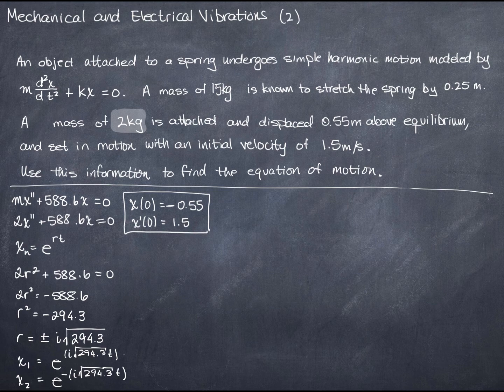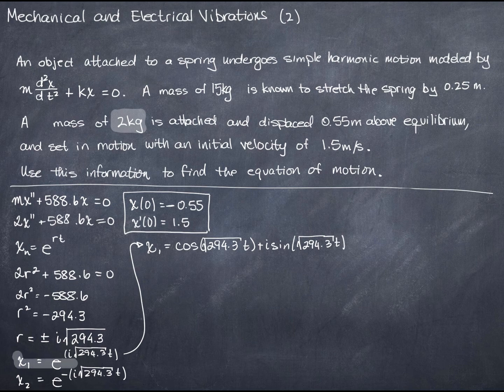Remember, though, that those can also be written as, I'll just do x sub 1 here, the cosine of the square root of 294.3 times t plus i times the sine of the square root of 294.3 times t. So this solution here, let me highlight them, this solution here to the homogeneous differential equation corresponds to, is equivalent to, this solution. They're the same thing in a completely different form.